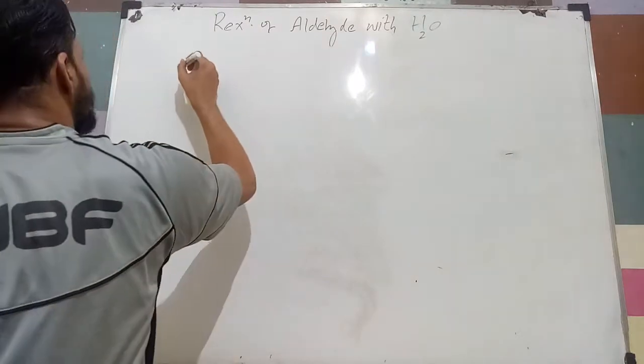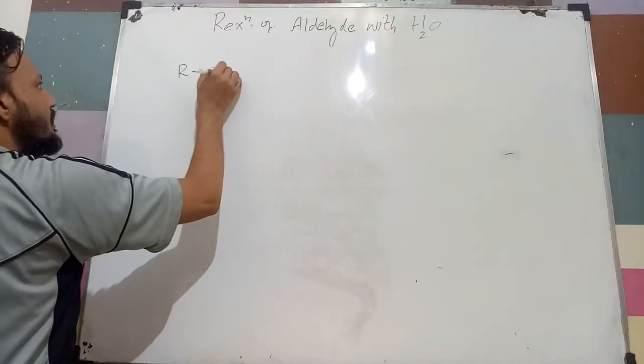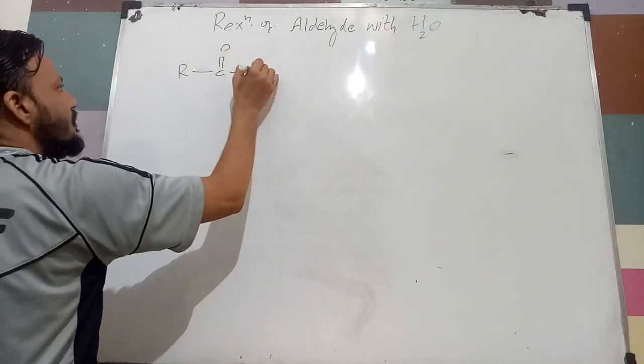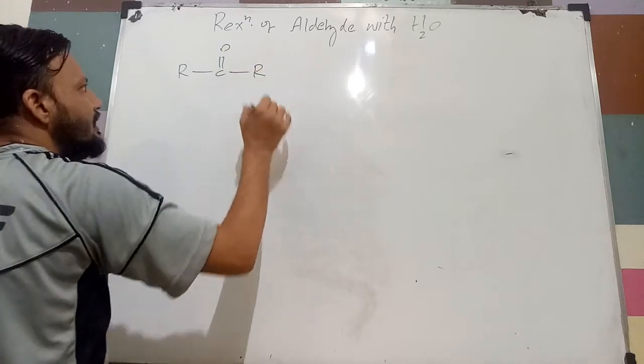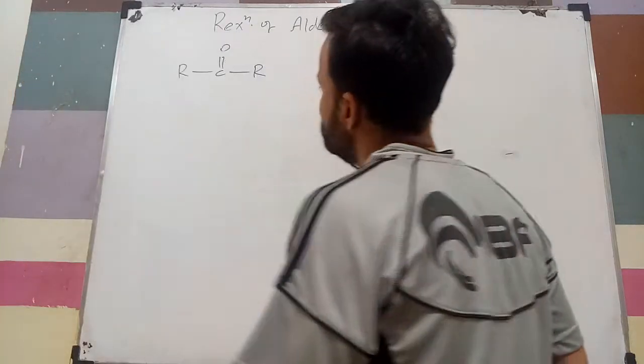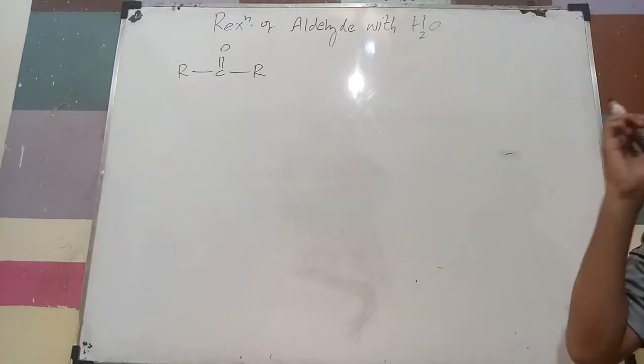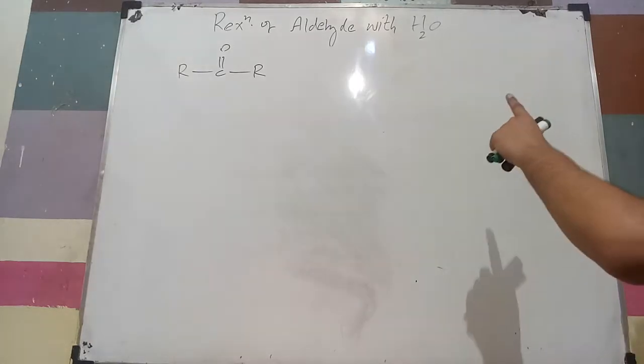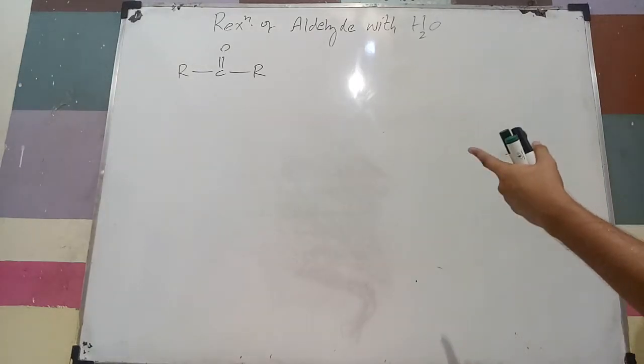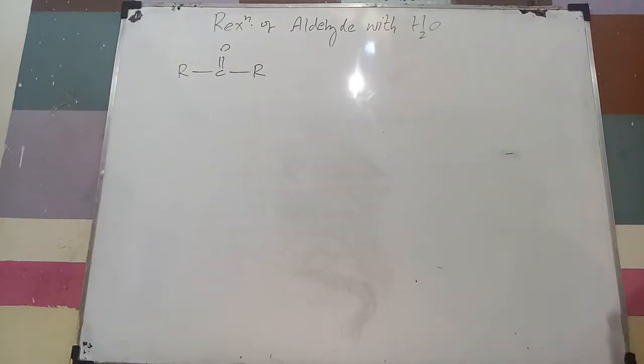Like we have the compound R, C double bond oxygen, R. So this is your ketone. You can take any alkyl group, replacing R with CH3, ethyl, propyl, butyl, anything, right?